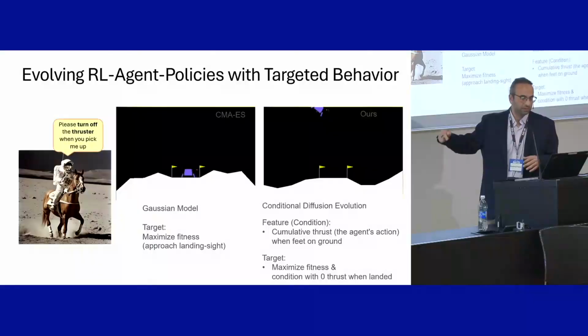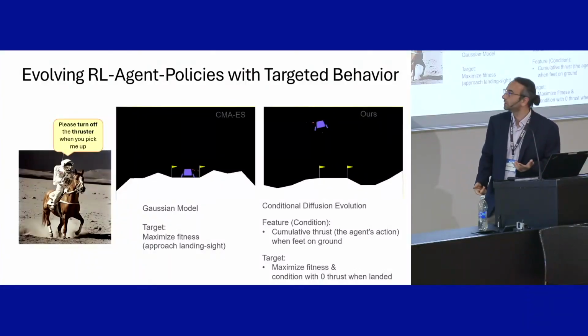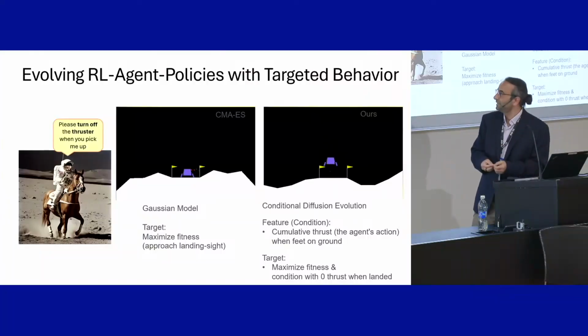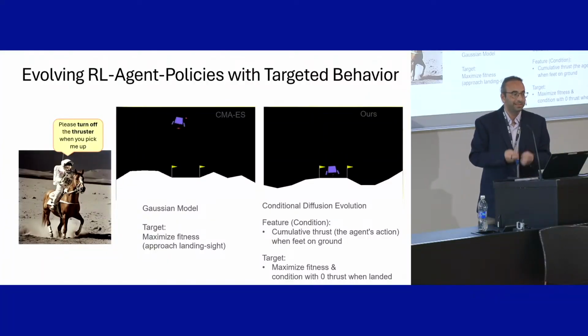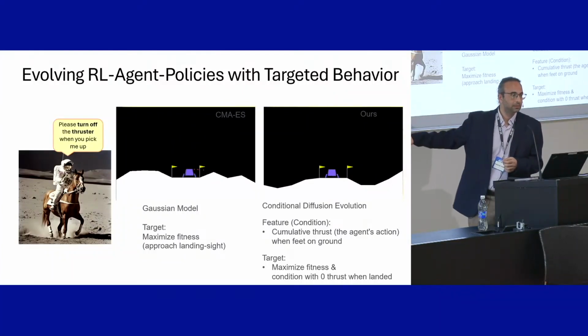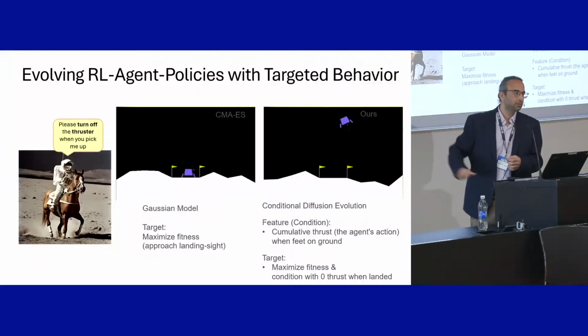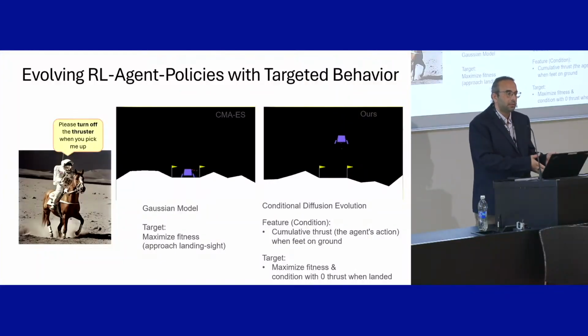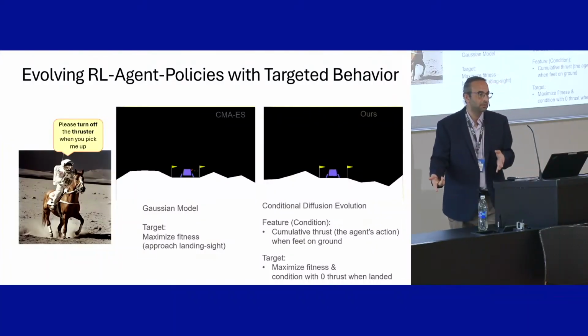What we got after running it with the search algorithm is an evolution that finds the right solution for us, exactly with that kind of constraint. It lands on the moon and turns off the thrust. And since it's a neural network, it's going to adapt to not just the one solution that it's been trained on. It's going to be trained for many, many other solutions.